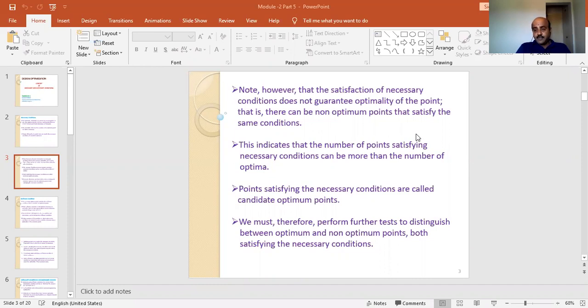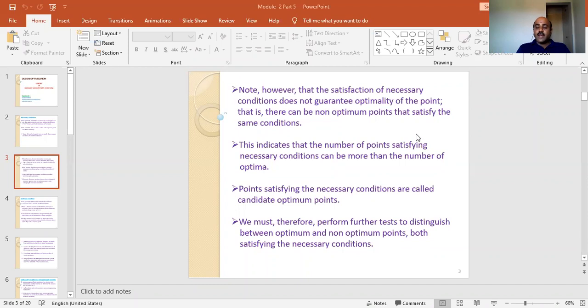Only a few points can be considered optimum, and the rest non-optimum. Points satisfying the necessary conditions are called candidate optimum points.